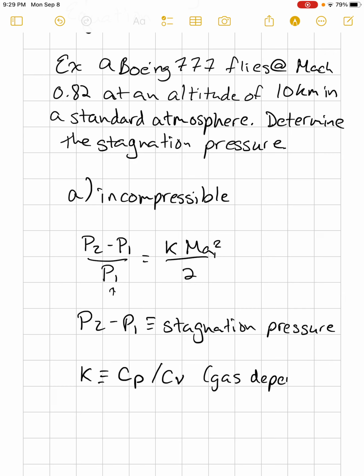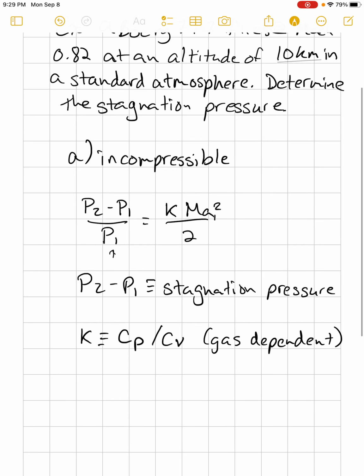And this is gas dependent. You can make approximate estimates based on whether the gas is monatomic or an inert gas versus diatomic, but your best bet is to actually look it up and figure out what the actual value is, okay?